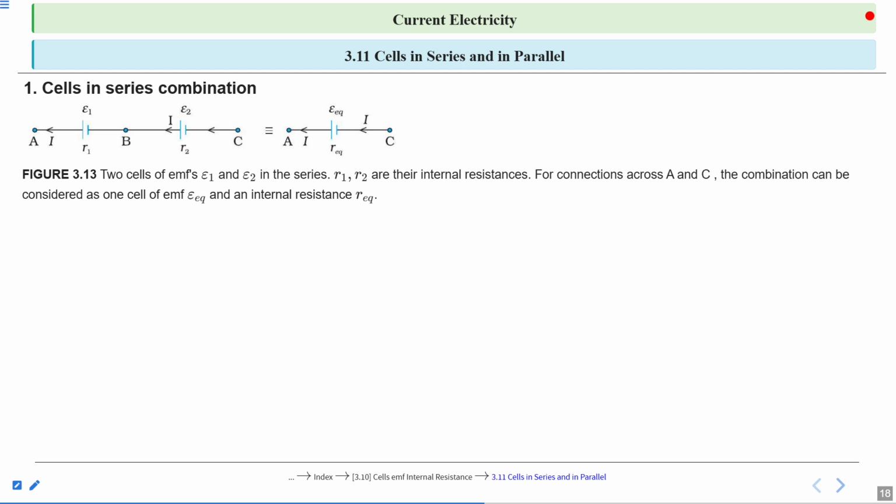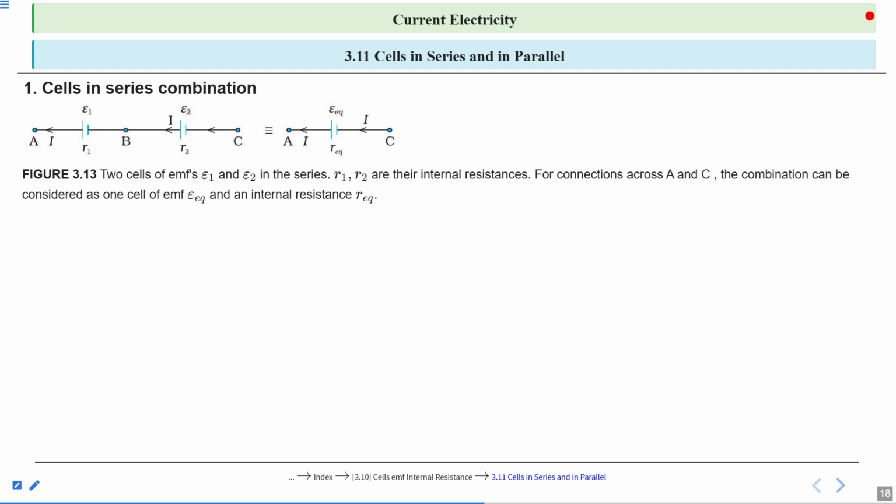Their internal resistances are R1 and R2. The first cell is connected between points A and B, and the second cell between points B and C. This is the equivalent diagram, E equivalent and R equivalent. The combination of these two cells can be shown as one cell with equivalent EMF and R equivalent between points A and C.